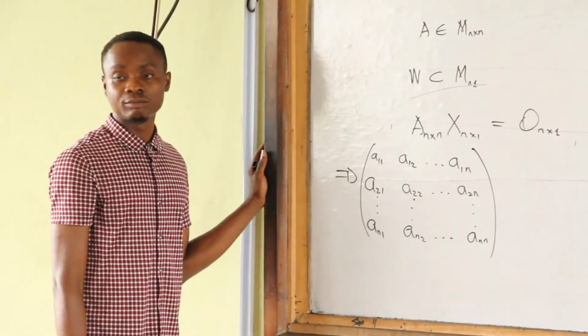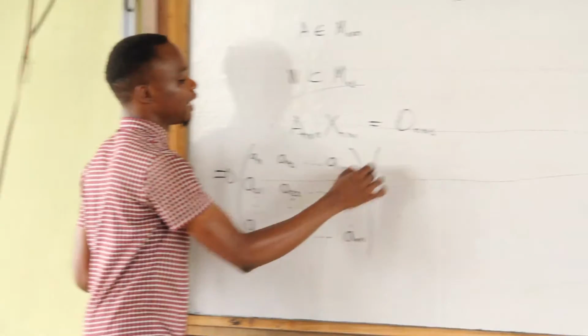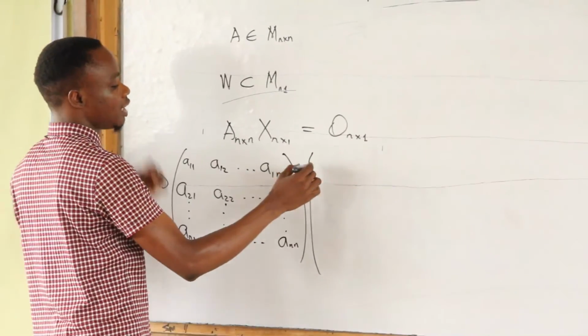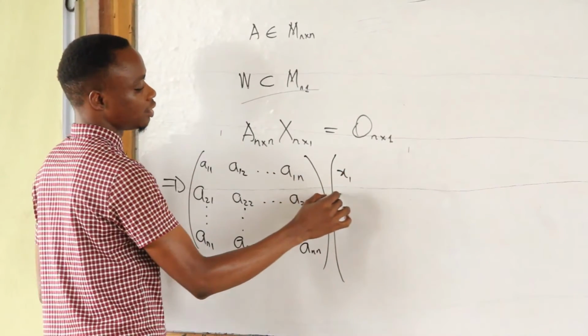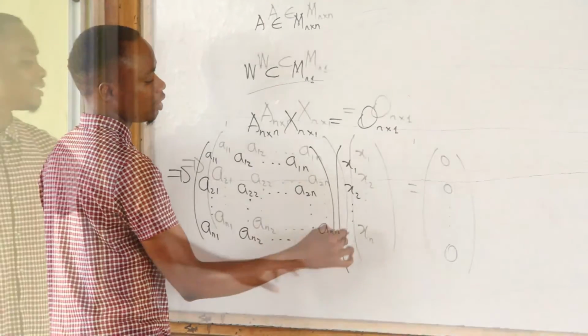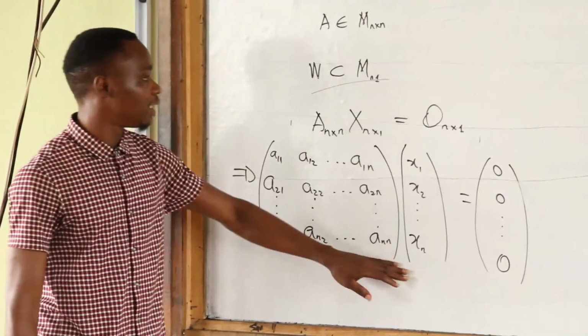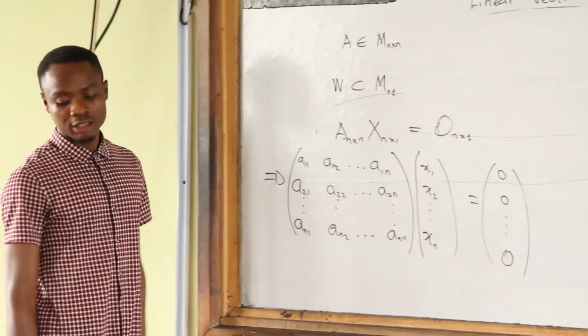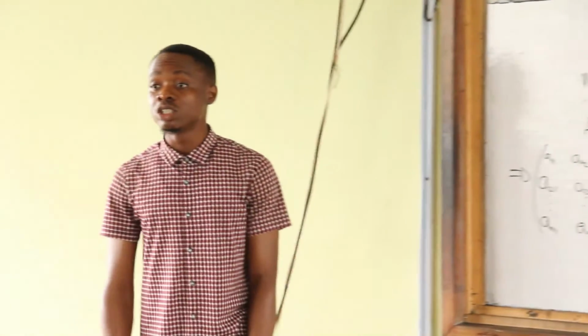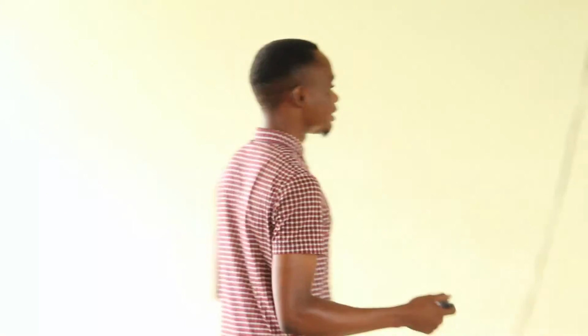Then I can multiply it by this, which will be x1, x2, and so on. This is our definition of this. Is it clear? So the solutions of this, please pay attention now, will be that.